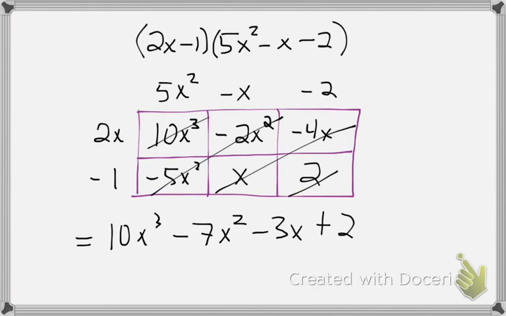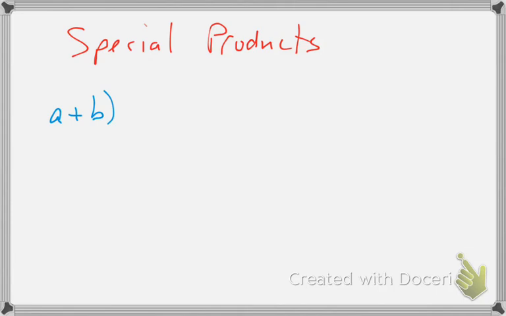But we also said in here that we are going to talk about special products. All right, and there are 3 of them. So what happens if I take a plus b times a minus b? All right. Well, this is binomial times binomial, so we could FOIL, right?